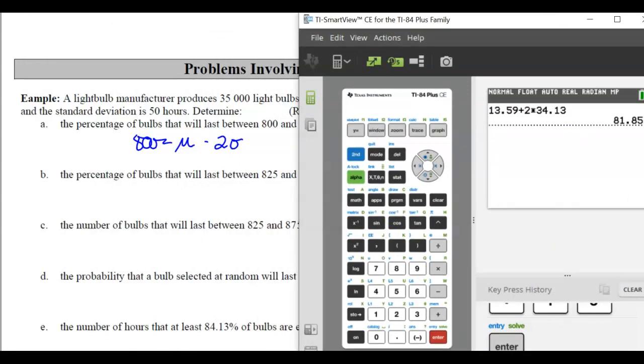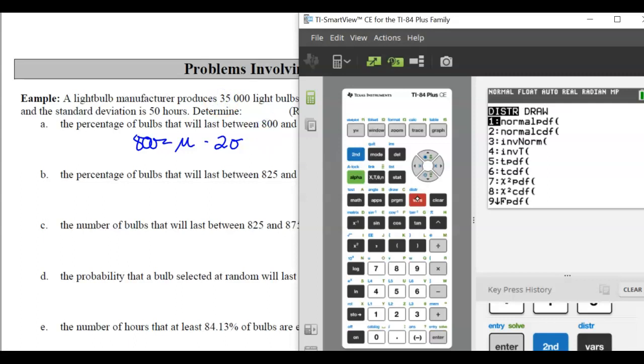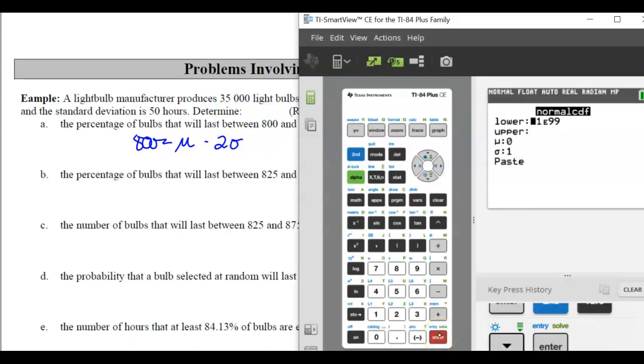We're finding the probability, so that's second distribution, normal CDF. We're going from 825 to 875. Don't use zeros and ones, it'll give you an error because you're using data values and then z-scores. You've got to be consistent.